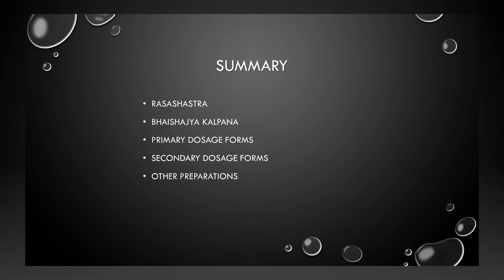The Ayurvedic classical text Rasaratna Samuchchaya focuses mainly on Rasashastra preparations, that is, it provides detail about metallic and mercurial preparations, whereas Sharangdhar Samhita provides detailed information regarding the basic principles of Bhaishajya Kalpana to be followed while preparing medicines.